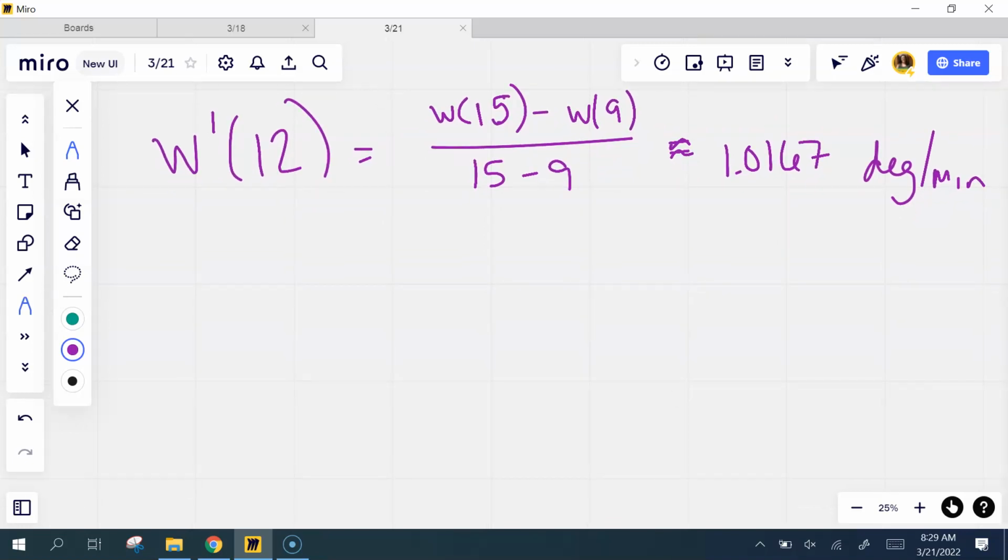All right, so then it said to interpret your answer in context of the problem. Now remember, this is an instantaneous rate, right? Because it's at 12 minutes.